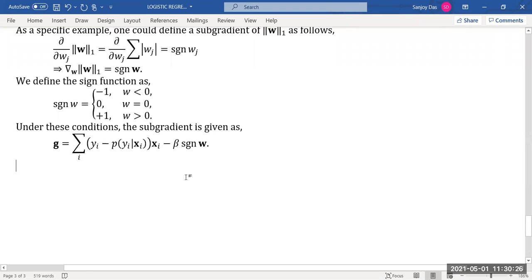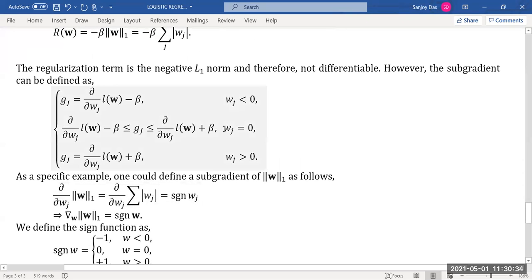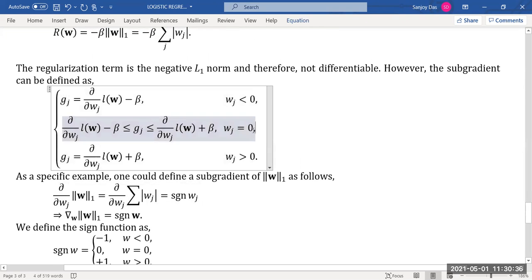In fact, when Wj equals 0, we simply choose 0, which is exactly between negative beta and plus beta, to be the subgradient.